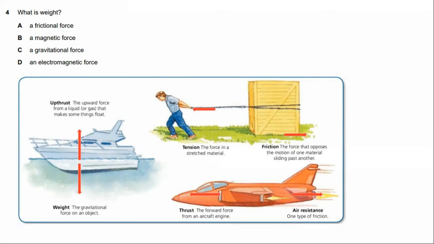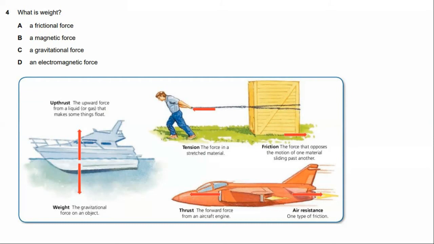Upthrust. It is the upward force from a liquid or a gas on objects which are in the liquid. Tension. It is the force in a stretched material. Friction. It is the force that opposes the motion of one material sliding past another.